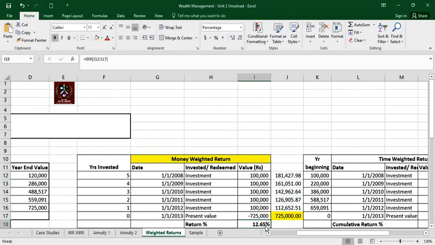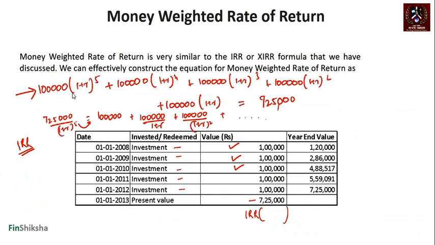So this IRR formula has done nothing but solve this equation that we had written here. This is effectively money weighted rate of return. In other words, this is the rate of return someone would make if they were investing in a particular investment at periodic intervals.